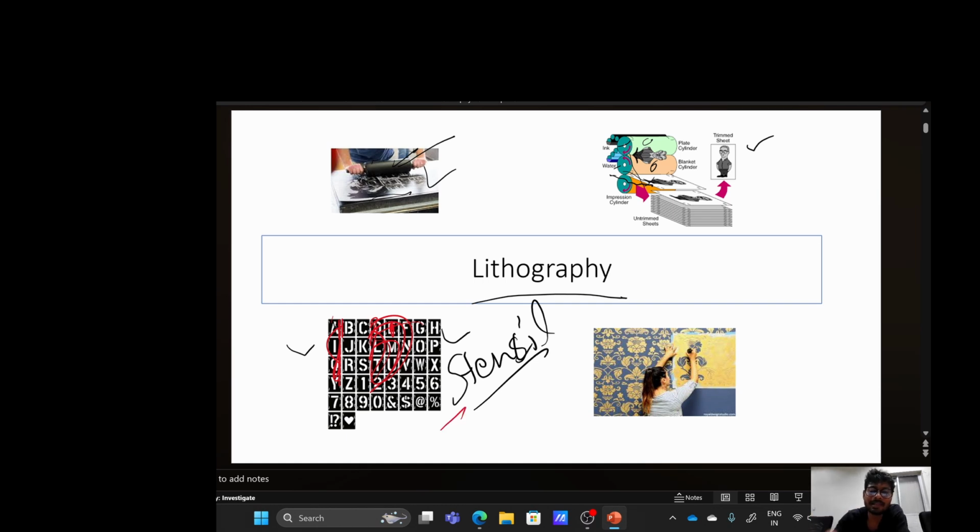Okay, there is another thing. This is another kind of transferring a pattern, also a kind of stencil. There is one kind of paper, and there are openings in that paper, and we just move ink over that. Wherever there is an opening in the sheet, the ink will go inside, and it will transfer the pattern on the wall, sometimes on the benches.